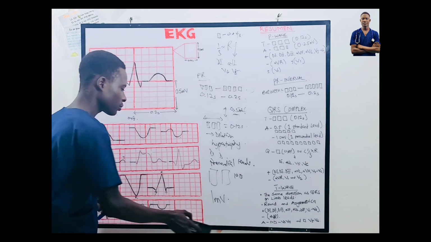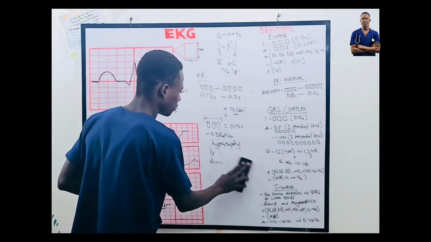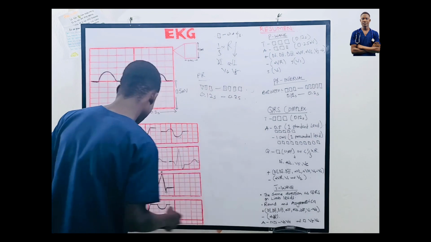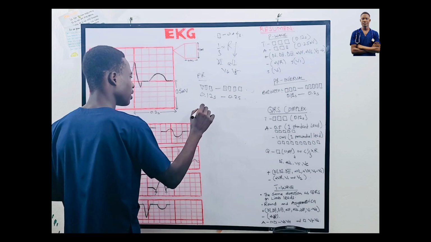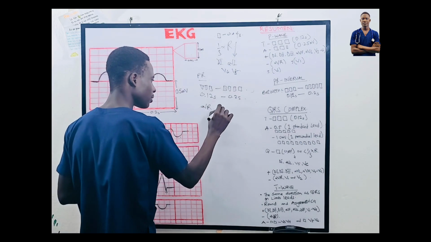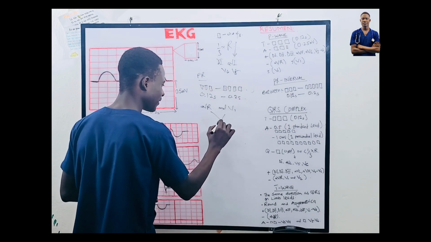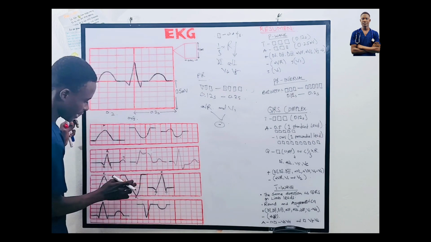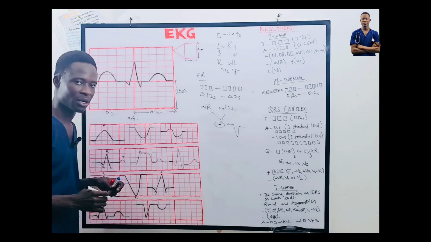For example, if you take the AVR and the V1, the QRS complex gives a negative reading. Are we clear?